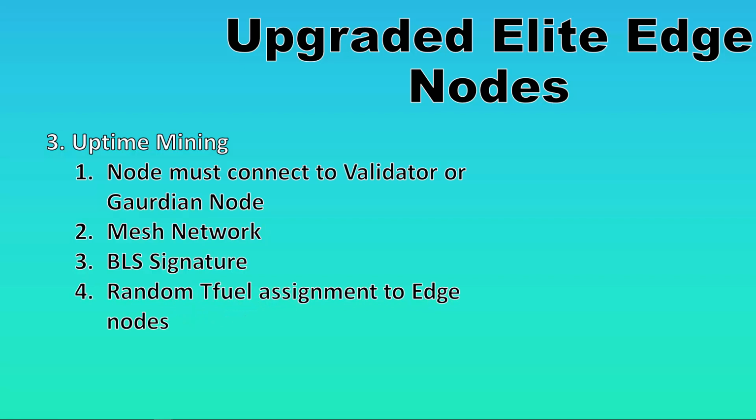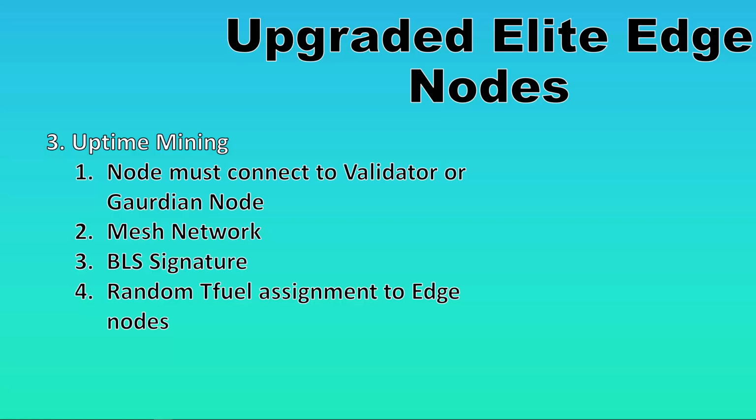That T fuel assignment, so that inflationary 4% T fuel assignment, will happen randomly, meaning you do not know when you may or may not receive a large portion of that incentive. This is to prevent people from signing on for small periods of time. It's actually quite possible for your edge node to sign on for days at a time and never receive a single T fuel.